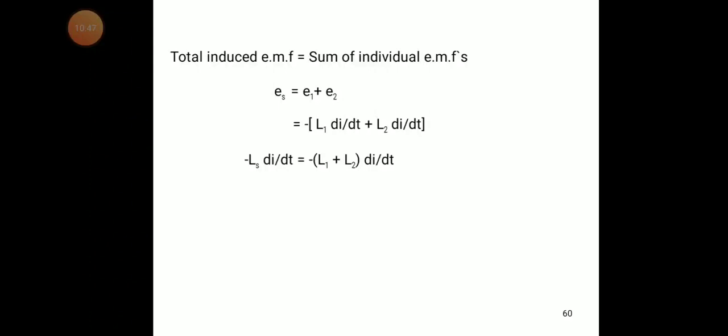So total Ls equals L1 plus L2. Simply, as with resistors and without mutual inductance, whenever you connect two inductors in series, the total inductance is nothing but L1 plus L2.